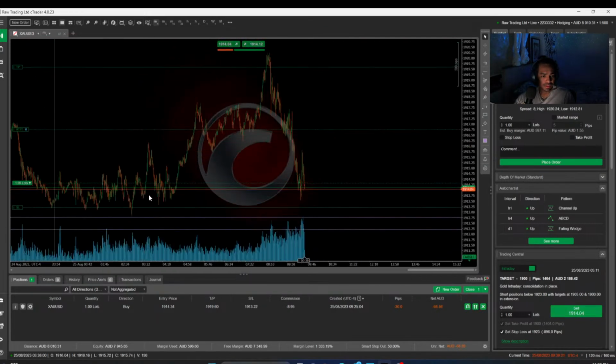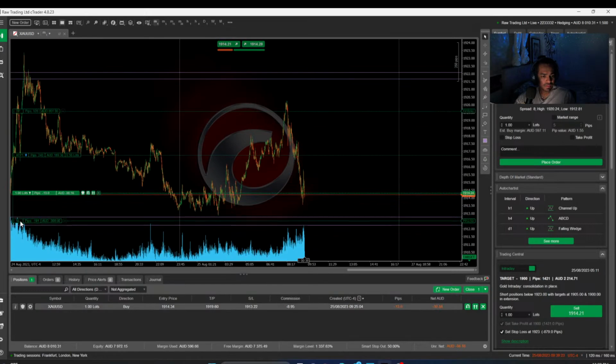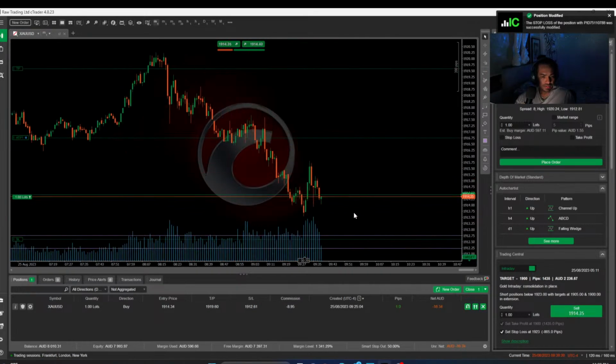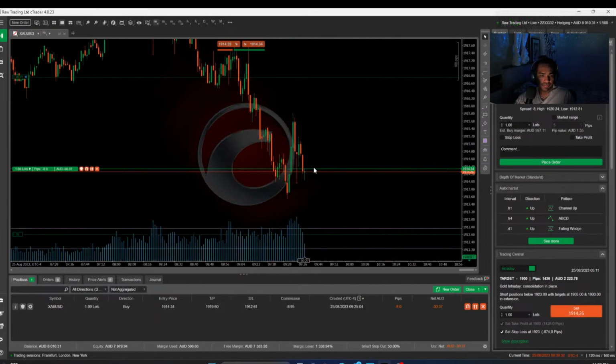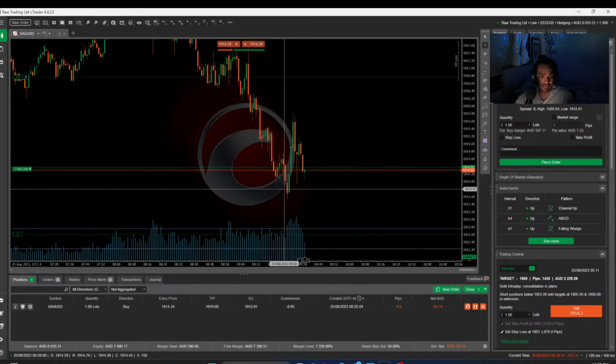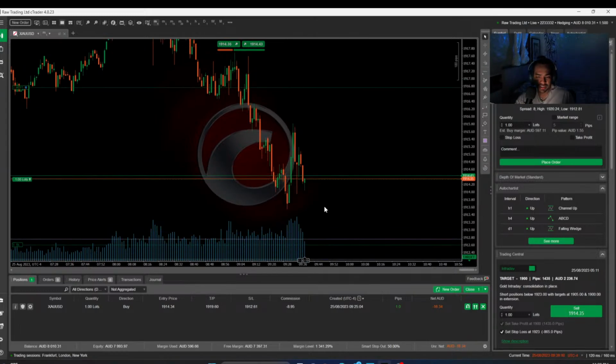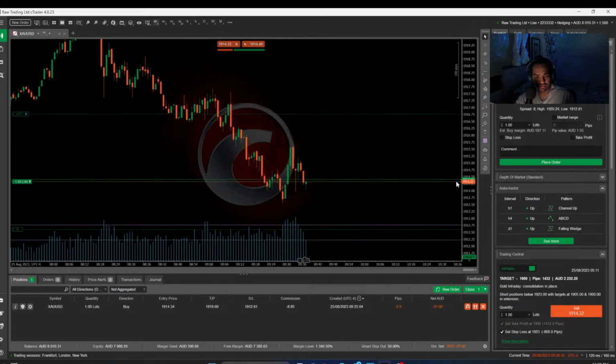What I can do is move my stop loss to this area. If the price comes towards this level, the previous 1-minute low, 1930, 1350, I'm going to take another buy, another position.